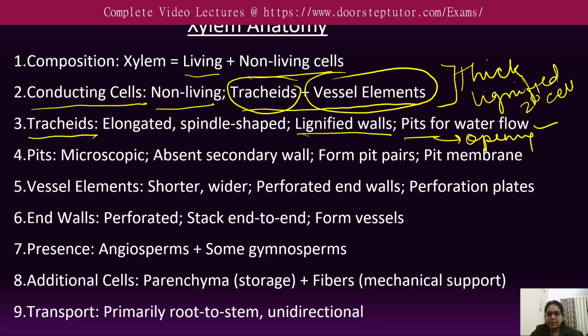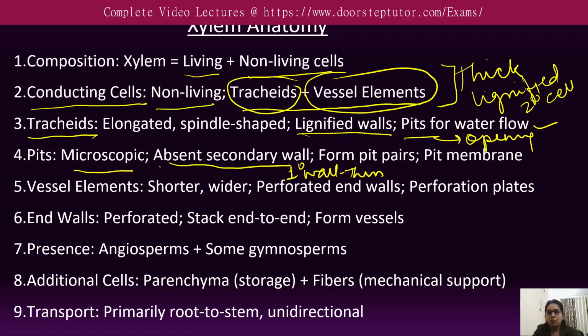These pits are microscopic regions in the lateral wall of the tracheids where the secondary wall is absent and the primary wall is present but very thin, so that it can allow the movement of the water.